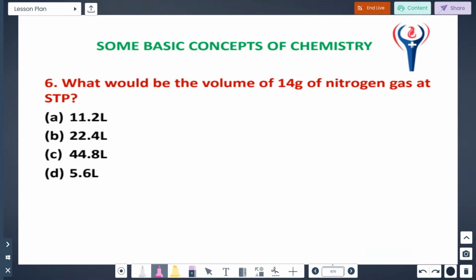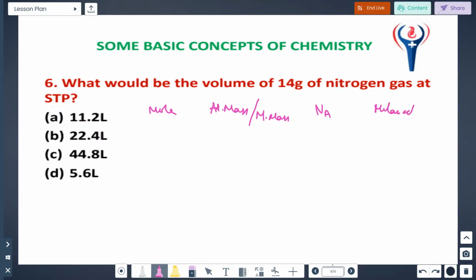Next one. What would be the volume of 14 gram of nitrogen gas at STP? Okay, 14 gram of nitrogen at STP. This is, I told you, mole concept. You just write mole, atomic mass or molecular mass, then Avogadro number N_A, then molar volume.